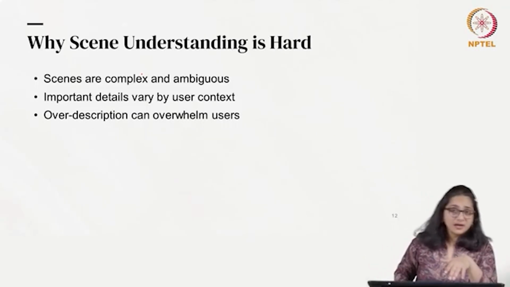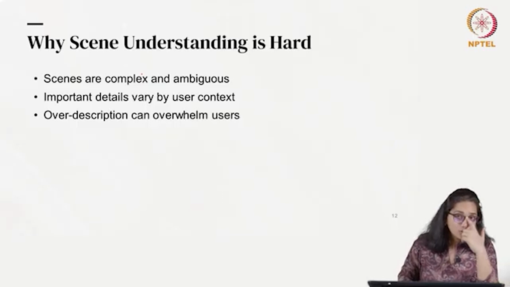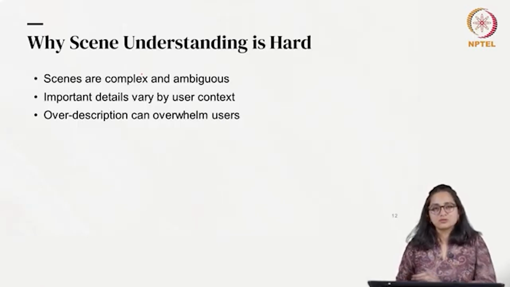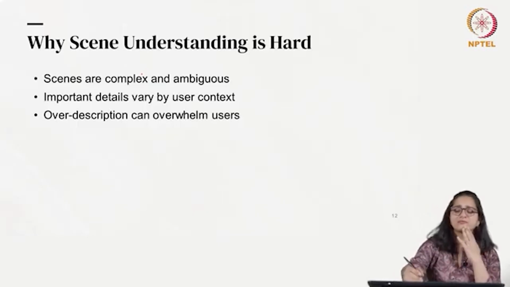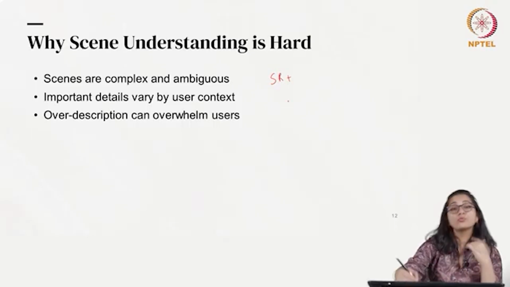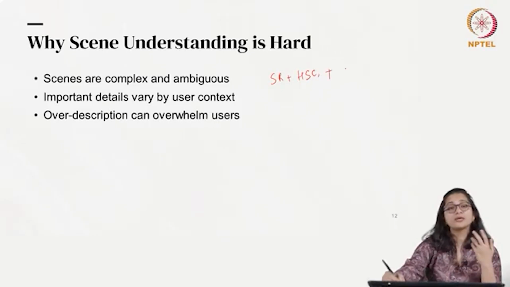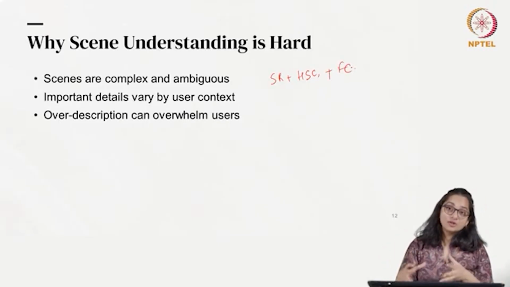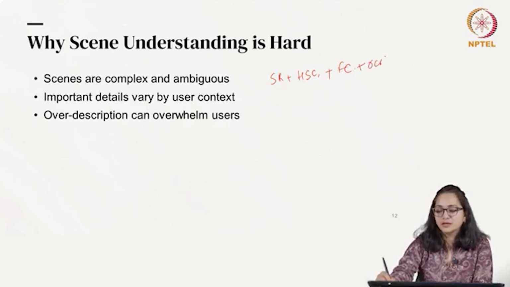Or on the other hand, over description of very mundane, unnecessary things can also become very overwhelming for the users. So that is also another limitation of this model. But as I said, for example, scene recognition along with heat sensitive cameras, along with, say, face recognition, can add a lot of meaning and semantic aspects, or for that matter, OCR, right?